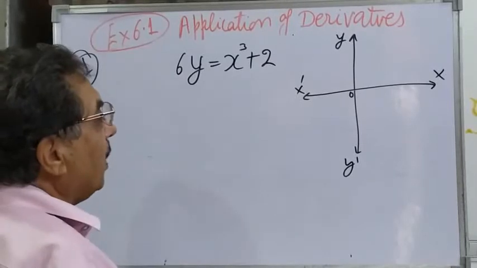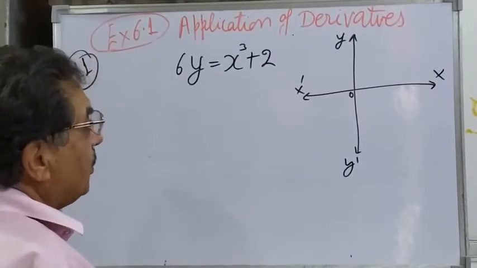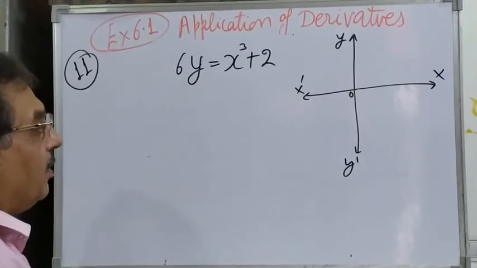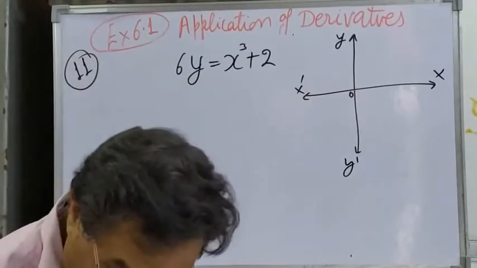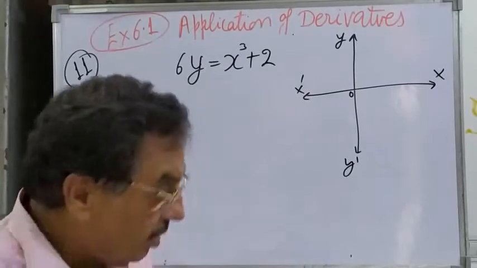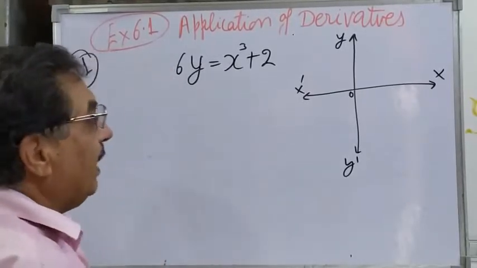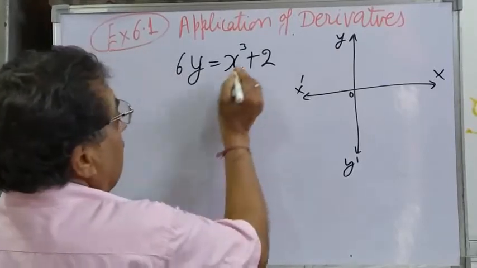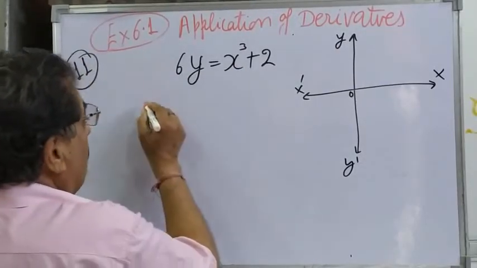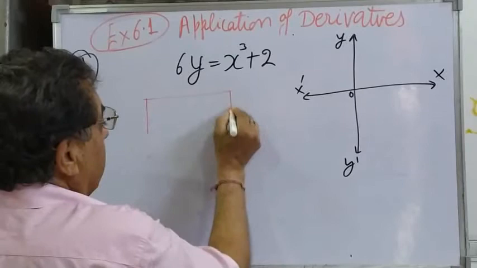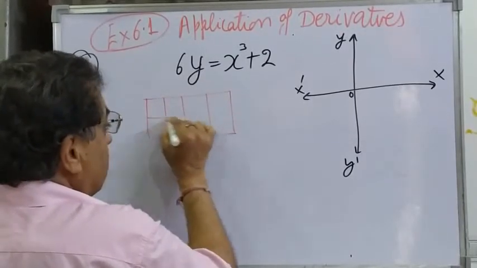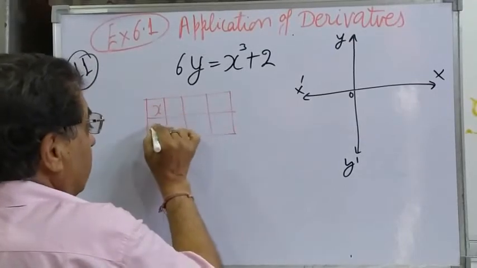Suppose I put x to be 0, then we get y is equal to 1 by 3. If I just try to get a rough graph of this, you know already how to draw graphs: just take 2-3 points and see what graph we get, just to get an idea of the curve.